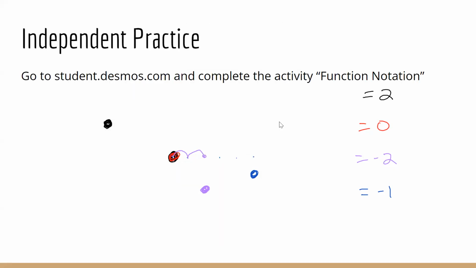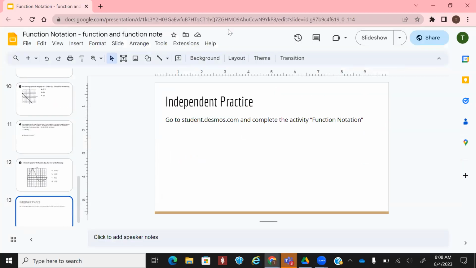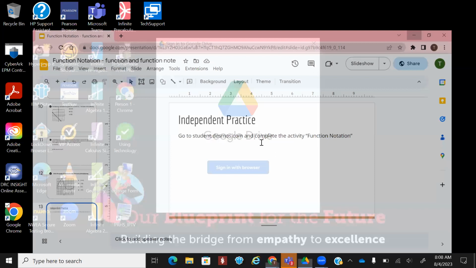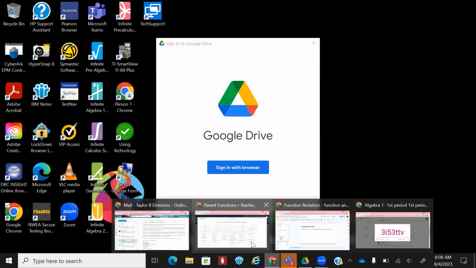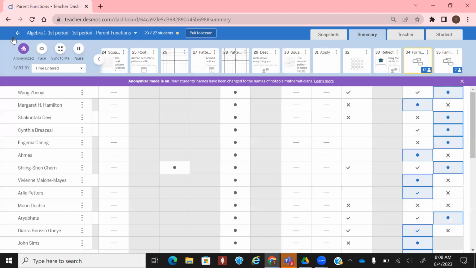Okay, go ahead and open your laptop and go to student.desmos. There is an activity called function notation. It's not super long, should be okay. Let's go. Dashboard.